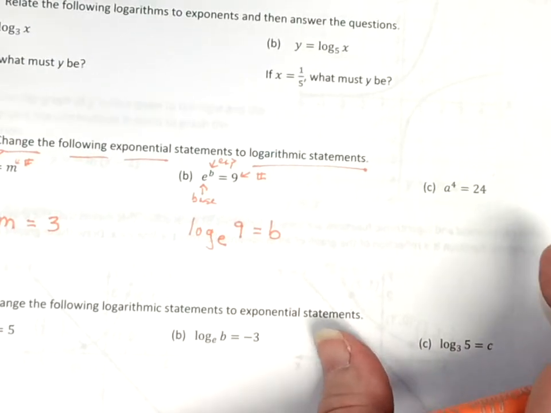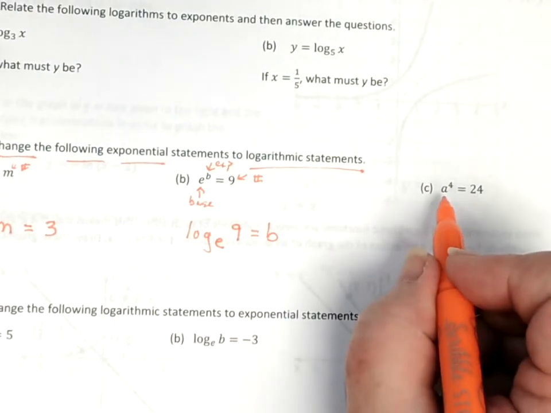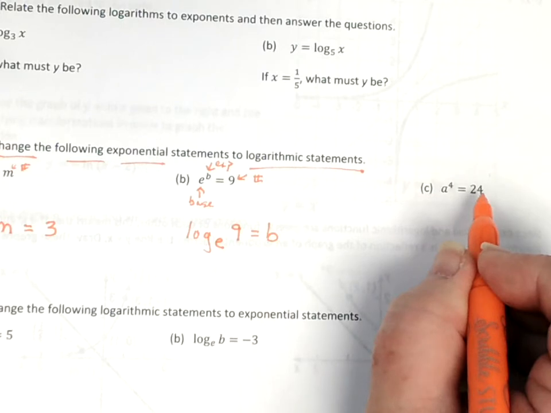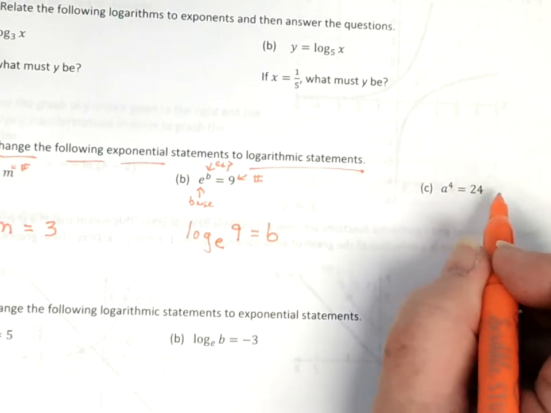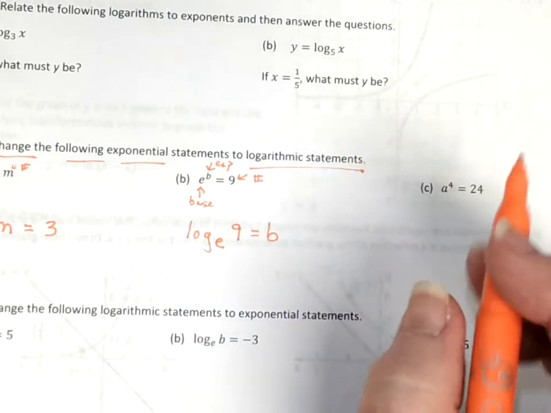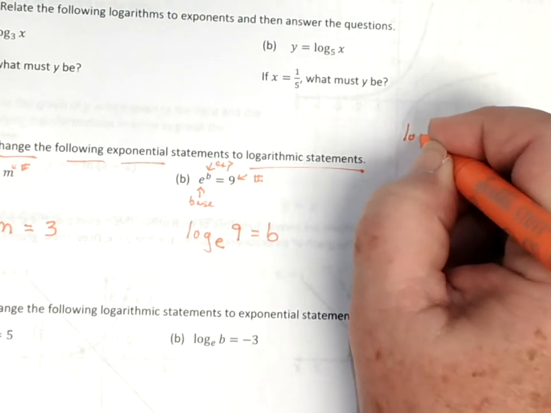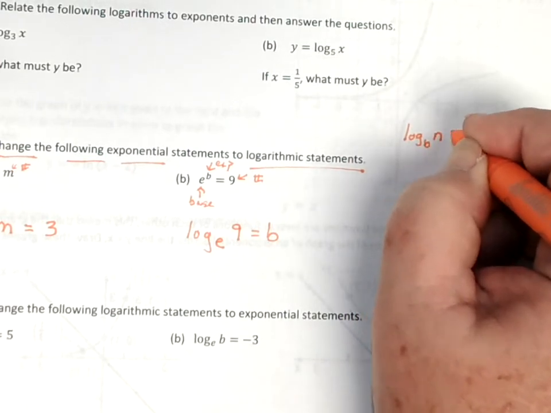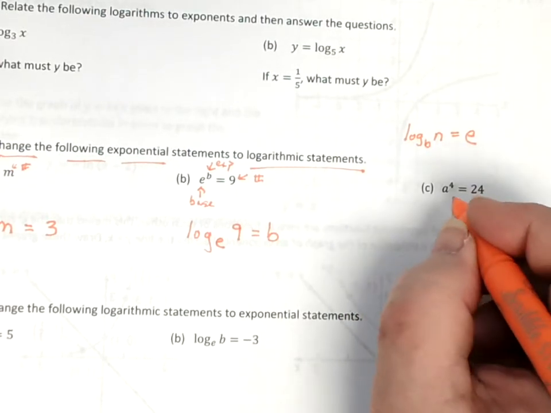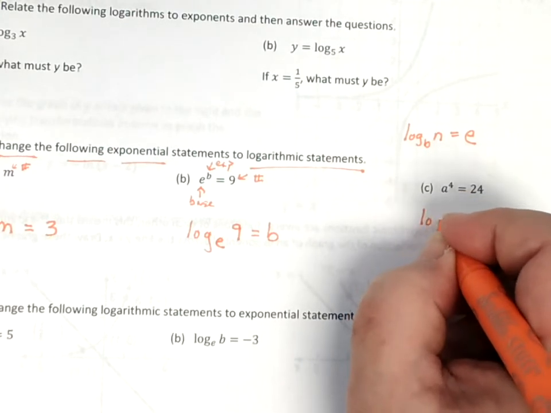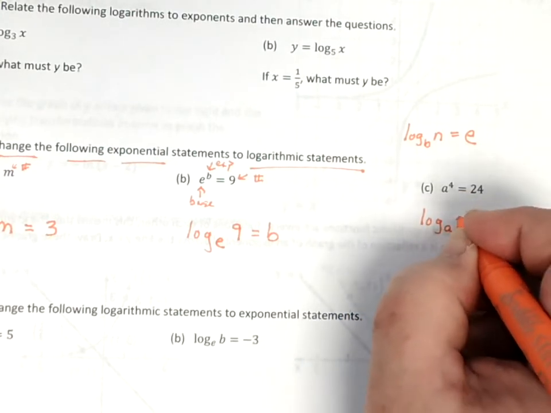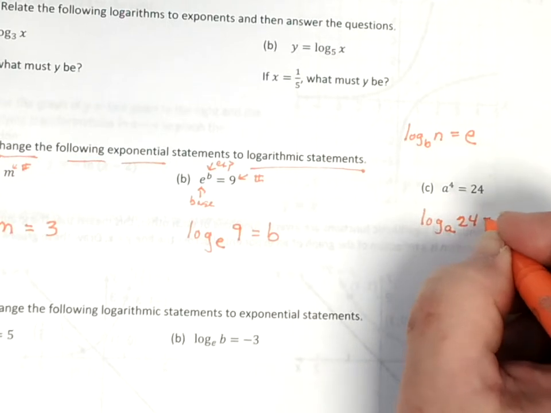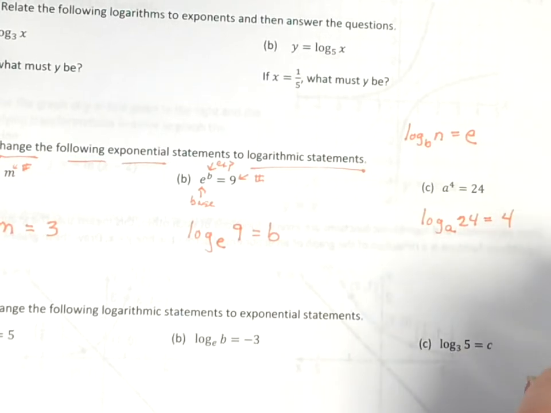Let's do one more. Think about what your base is, what your number is, and what your exponent is. Notice how I'm reading it even in the format of log base b of the number equals e. So that is log base a of 24 is equal to 4.